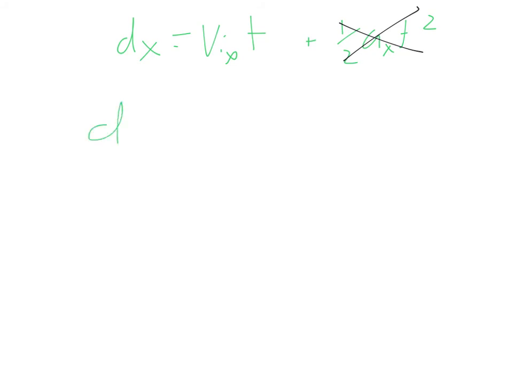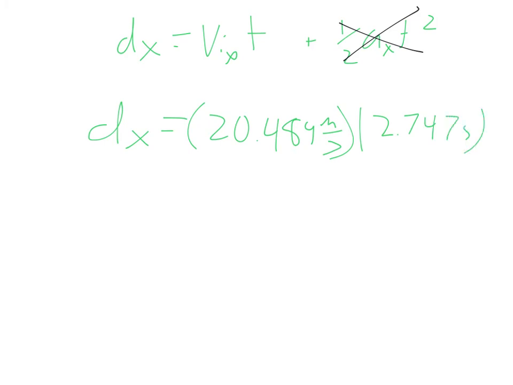So my dx is equal to Vx, which is that horizontal component of velocity that we found all the way back at the beginning of the problem, 20.489 meters per second, times this time of 2.747 seconds.